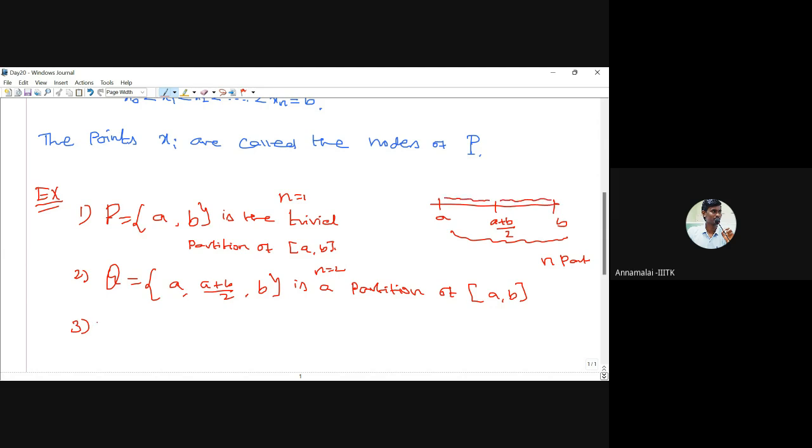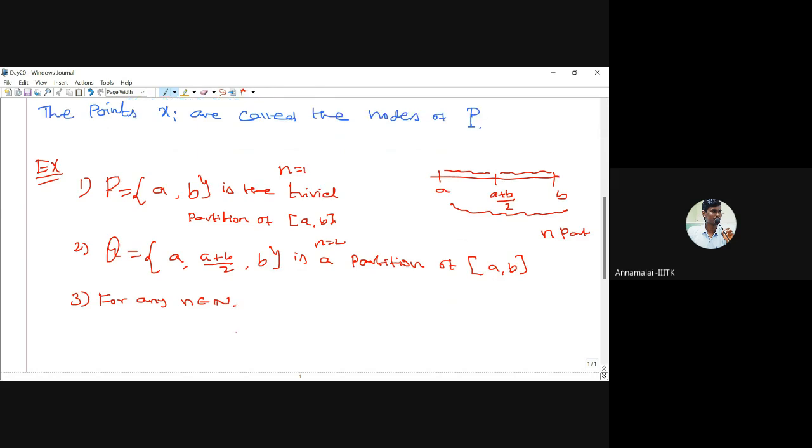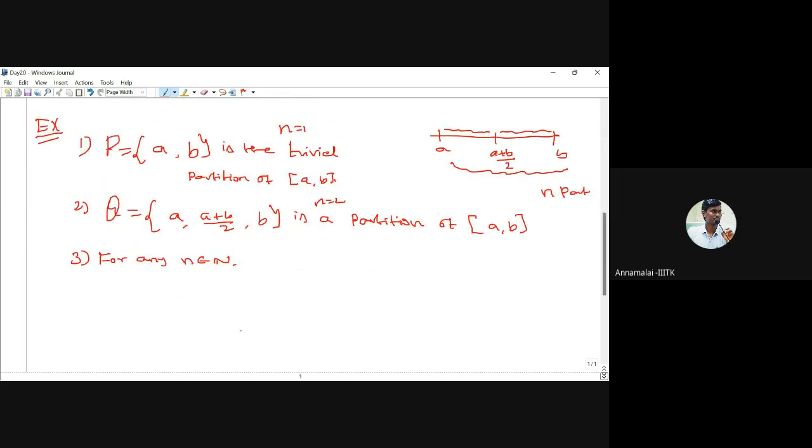In general, for any n in N, we divide the entire interval into n parts. Therefore, xi equals a plus i by n times (b minus a).